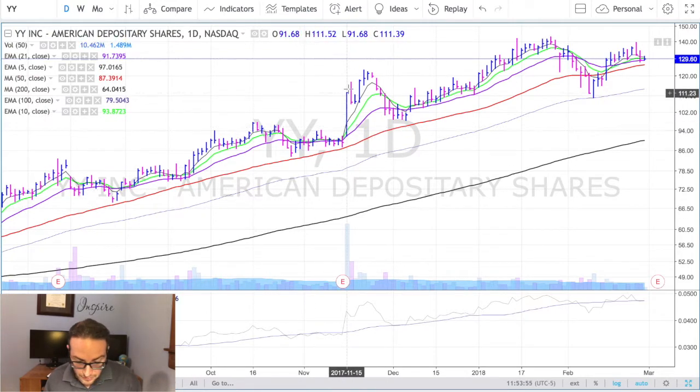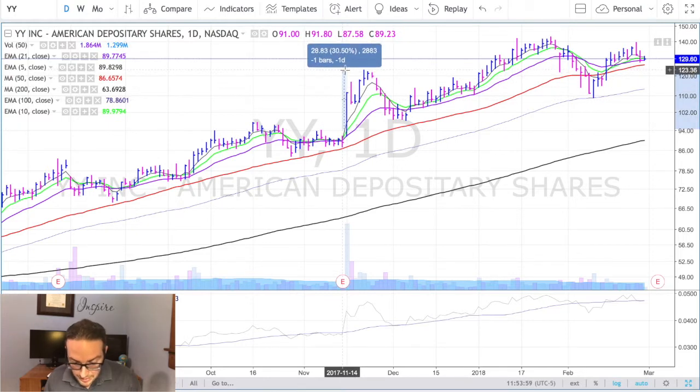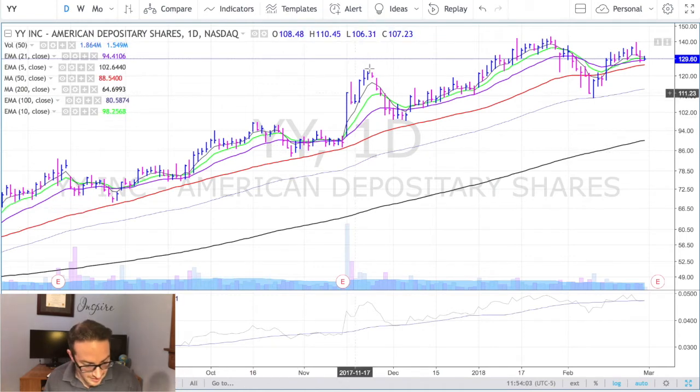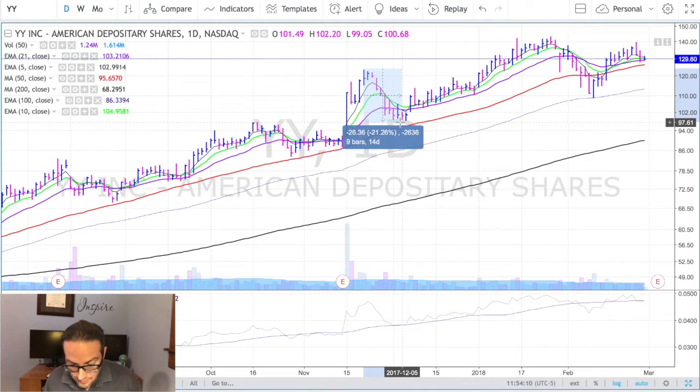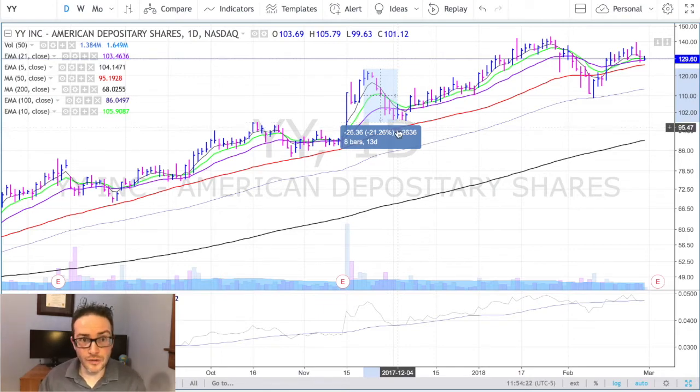If you're somebody that bought this and it quickly ran up about 30%, and then it pulled all the way back off of that high towards the 50-day moving average, you quickly gave up about 20% in about a week and a half. That's difficult action if you are a shorter term trader.